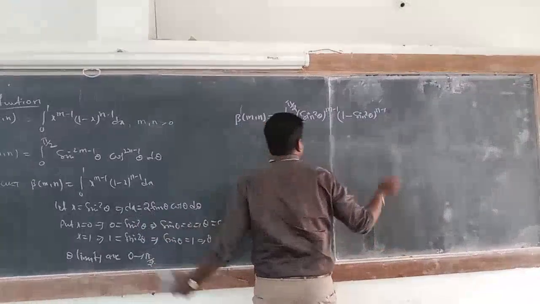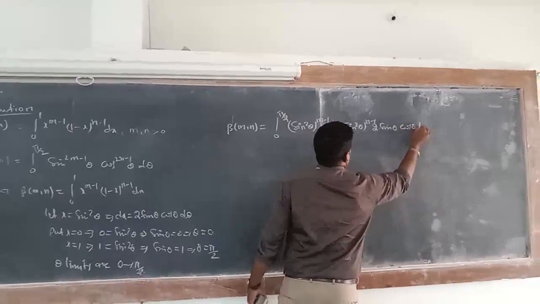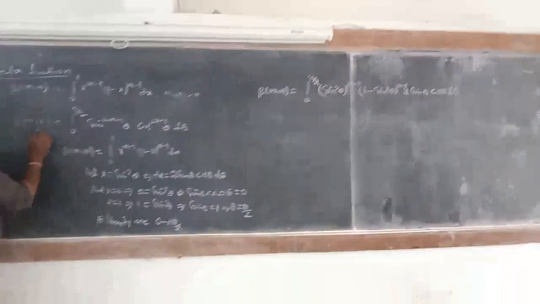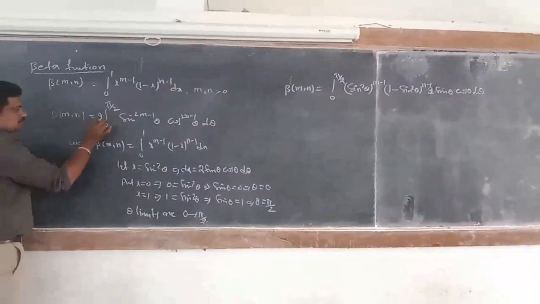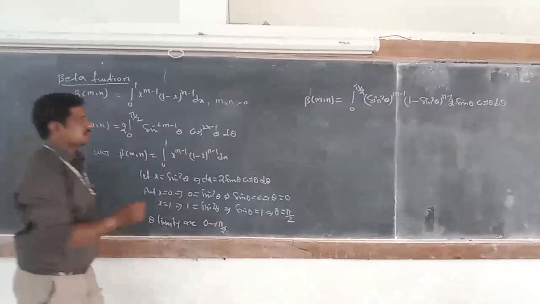What is dx here? 2 into sin theta into cos theta d theta. So this is actually 2 into integration 0 to pi by 2 sin power 2m minus 1 theta cos power 2n minus 1 theta d theta.